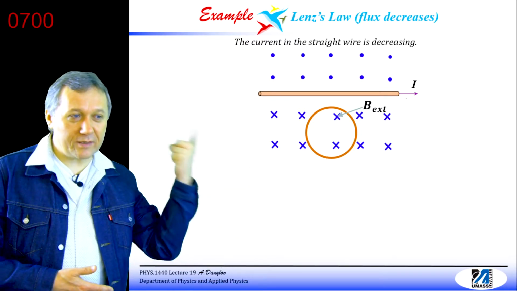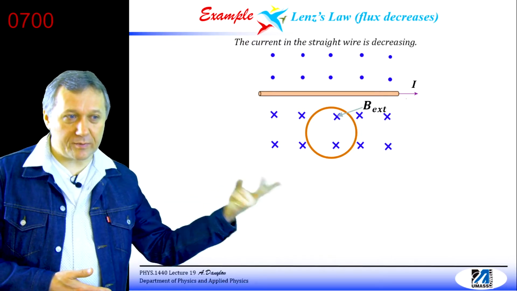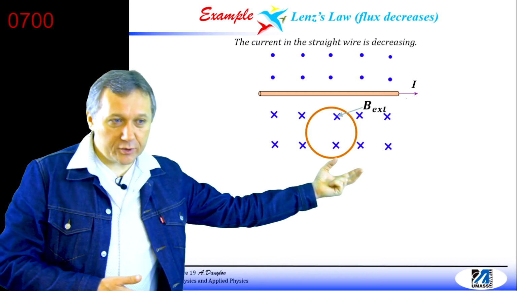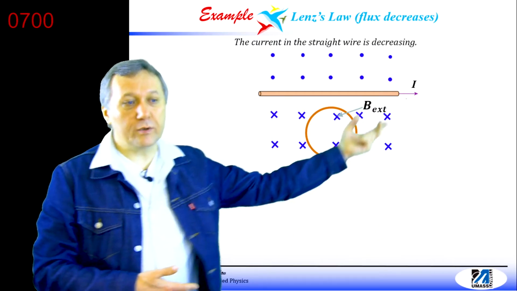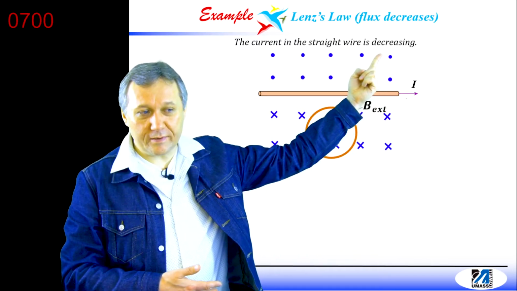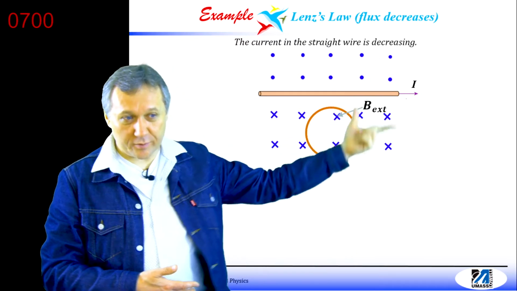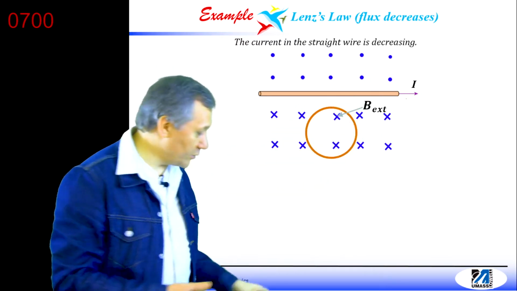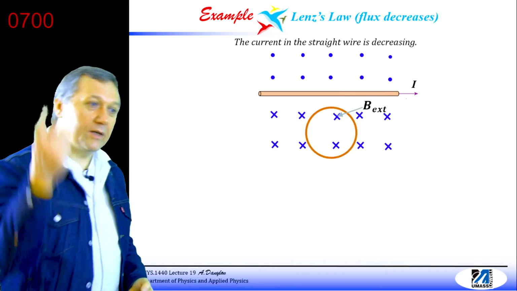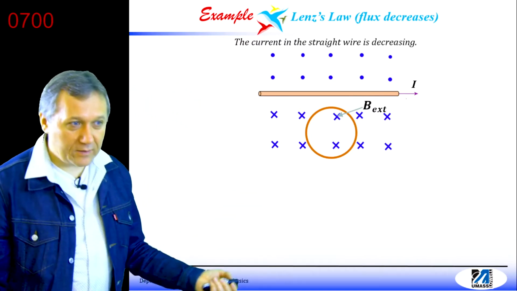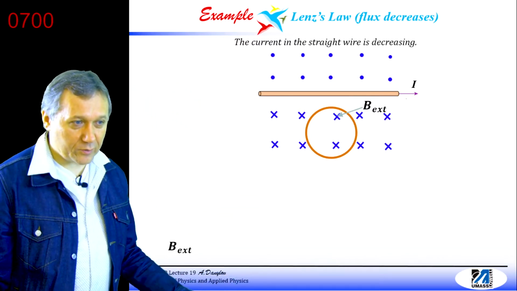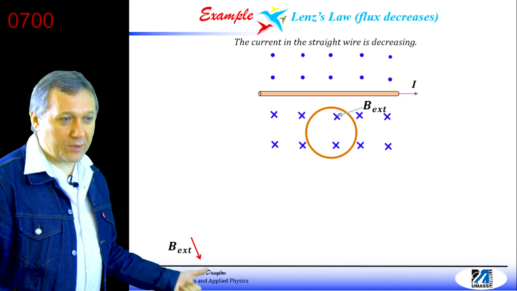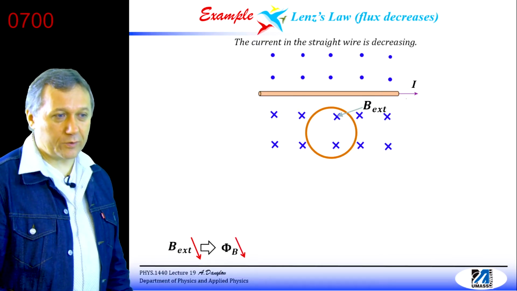So A is constant, the angle is constant. The last parameter, B, the external magnetic field, is going down because the current in the wire is decreasing. So out of three parameters, B is going down, so the flux is going down.